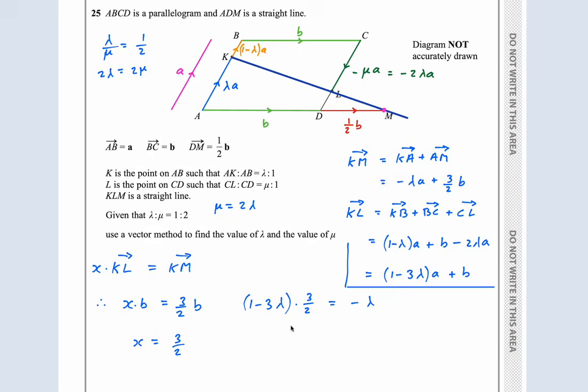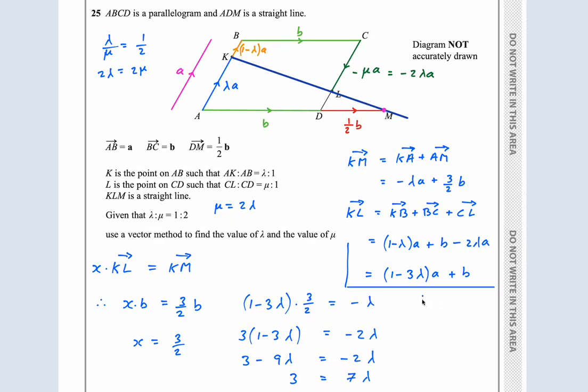Okay, now let's solve this and I'll get lambda. I'm going to multiply across by 2. So it's 1 minus 3 lambda times 3, and multiplying across by 2, it's minus 2 lambda. 3 minus 9 lambda equals minus 2 lambda. If I add the 9 lambda, minus 2 plus 9 is 7 lambda equals 3.